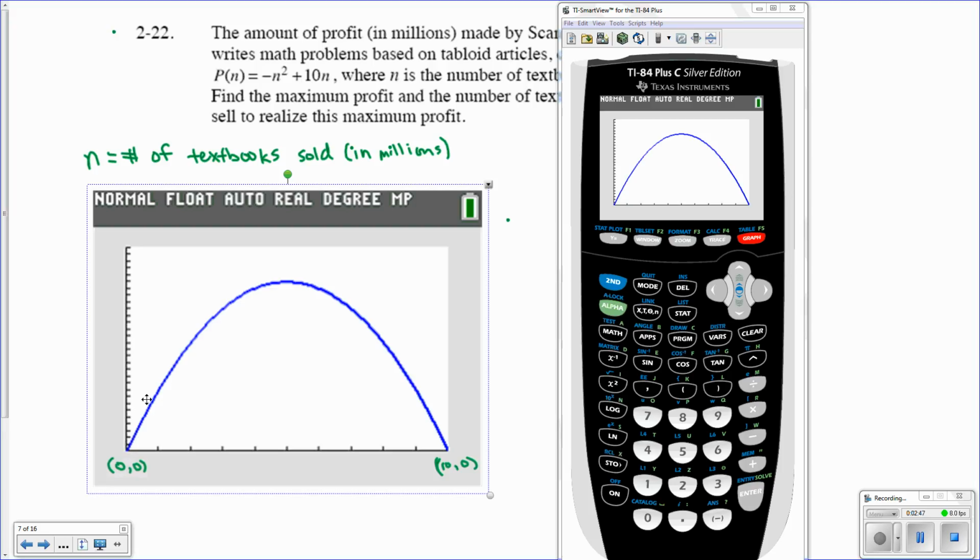Now we're looking for the most that they can make. Well, the highest point on a parabola is its vertex, right? So it looks like our vertex ends up being right up here.